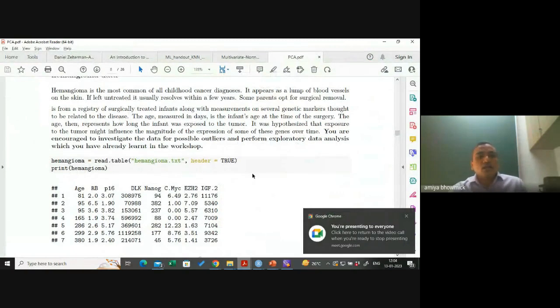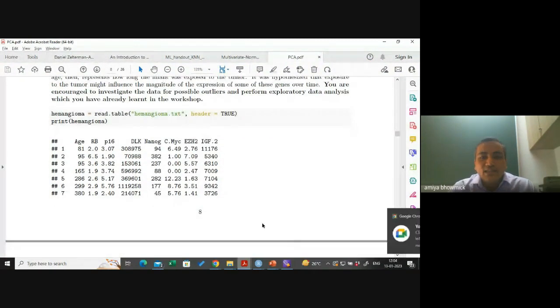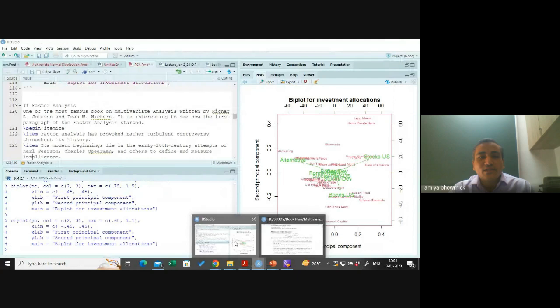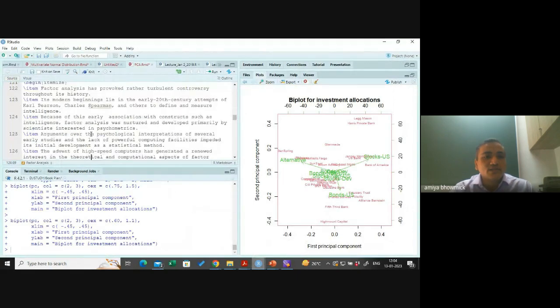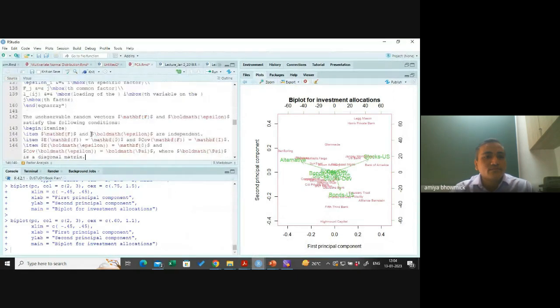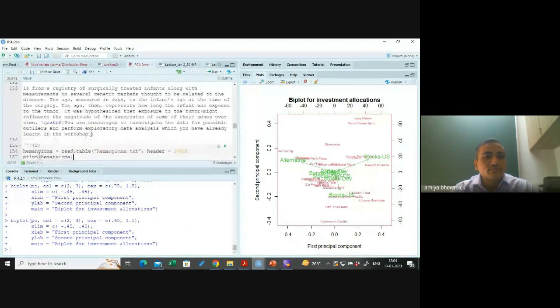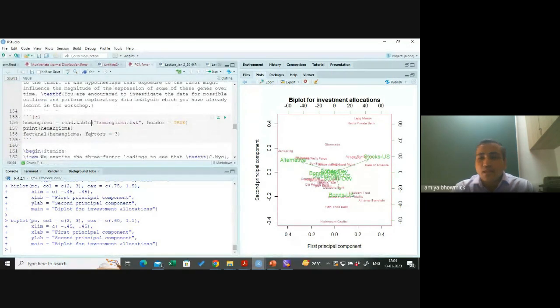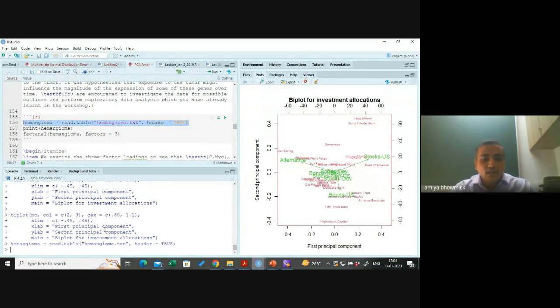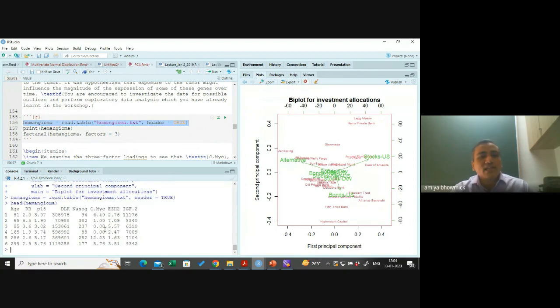So let us first read the data. If anybody is being hands-on, let us read this data first. I think you can read this data, because it has names and everything already.